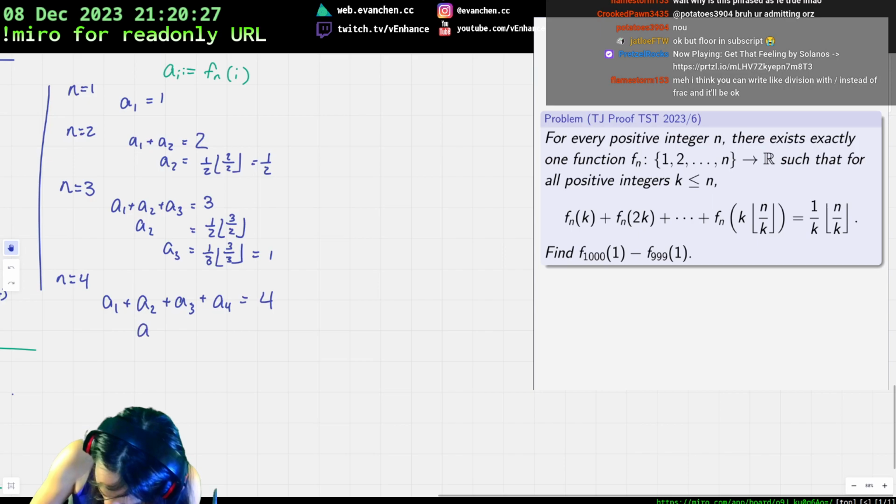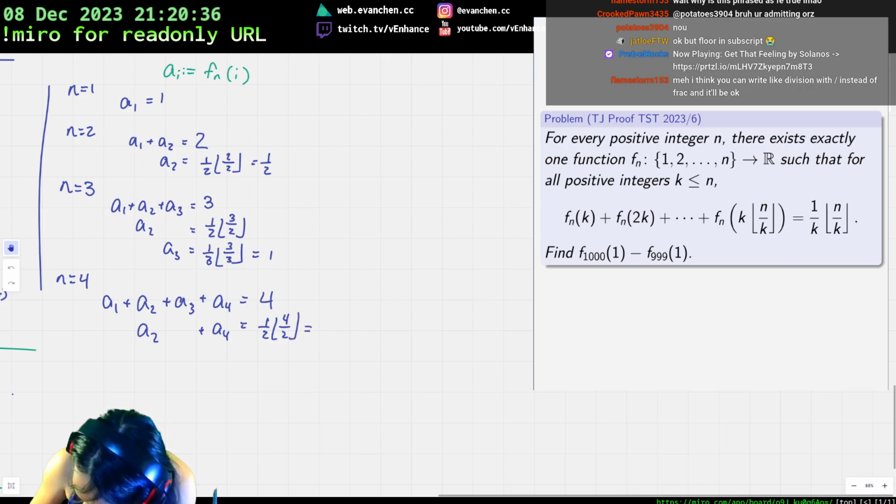So this is 4, a2 plus a4 is equal to 1/2, 4 choose 2, floor 4 over 2, which is 1, and then it's 3.